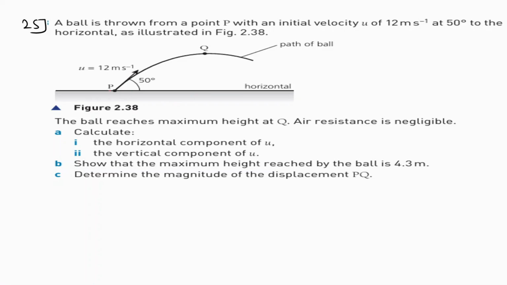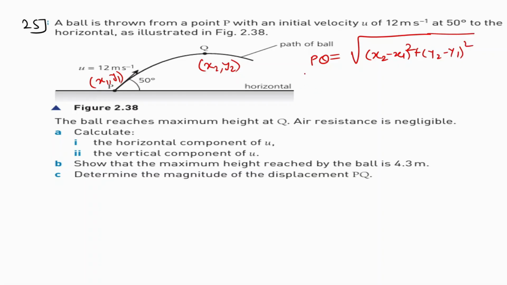If we know the coordinates x1, y1 and x2, y2, we can apply the distance formula: PQ equals the square root of (x2 minus x1) squared plus (y2 minus y1) squared. This is a hint for you, but you need to find what x2 and y2 are.